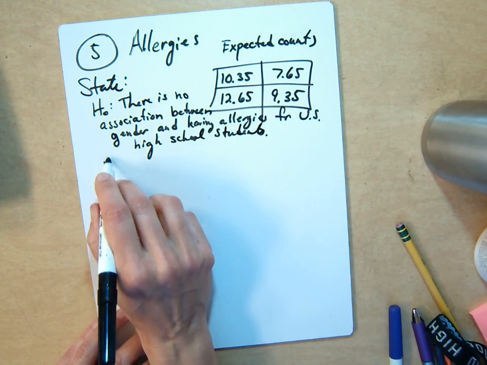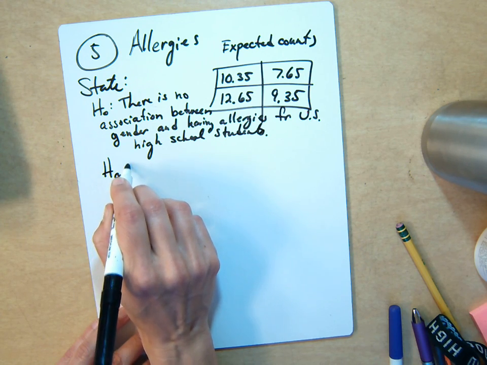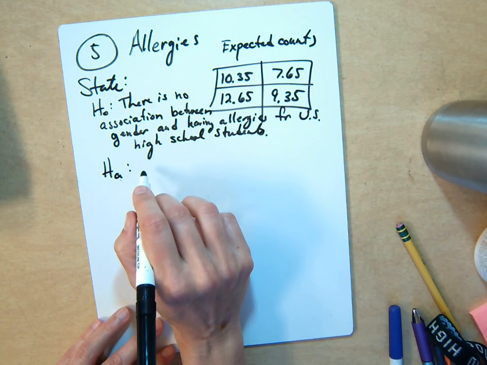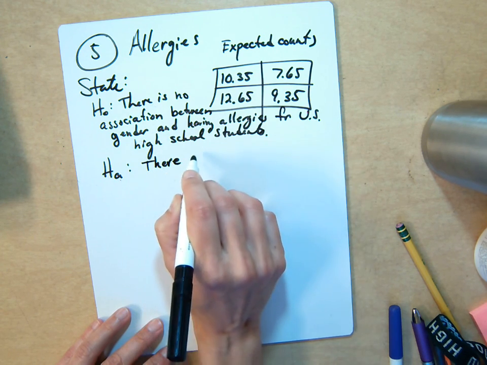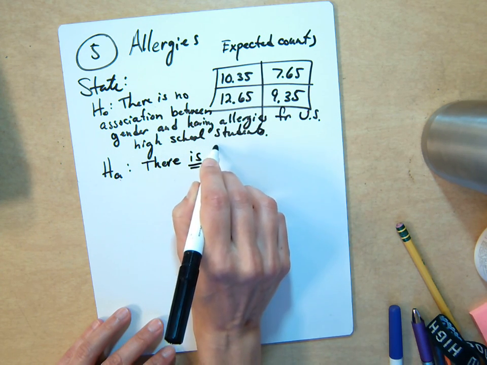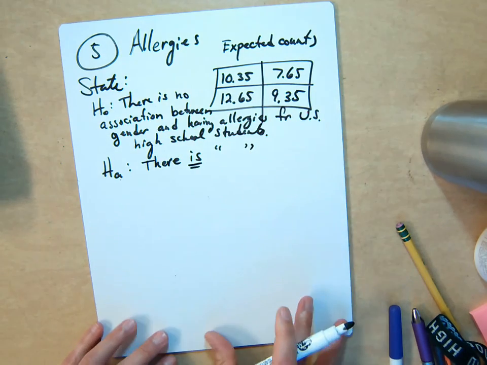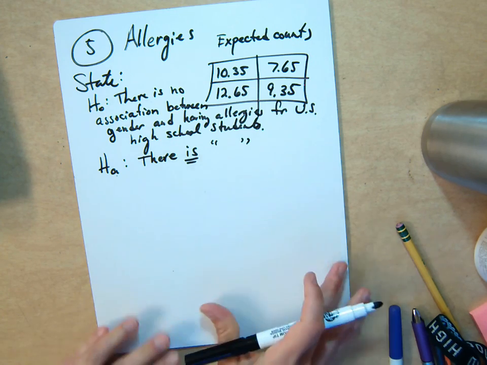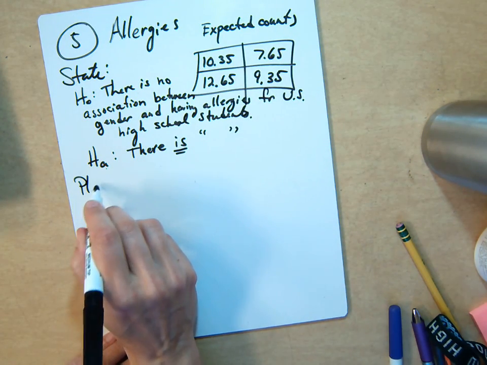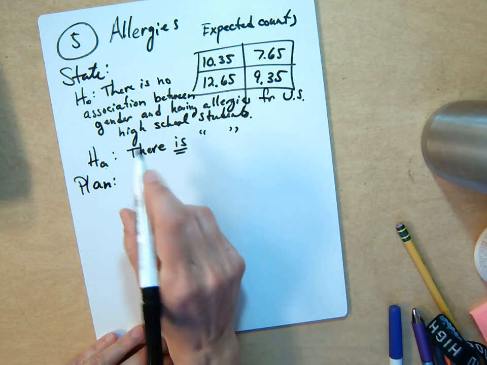And then our alternative hypothesis is that there is an association. So I'll just write there is, and then repeat everything else. There is an association between gender and having allergies for U.S. high school students. Okay, so state is done.